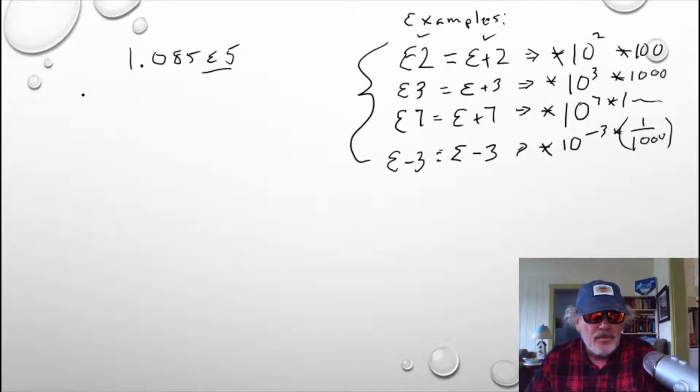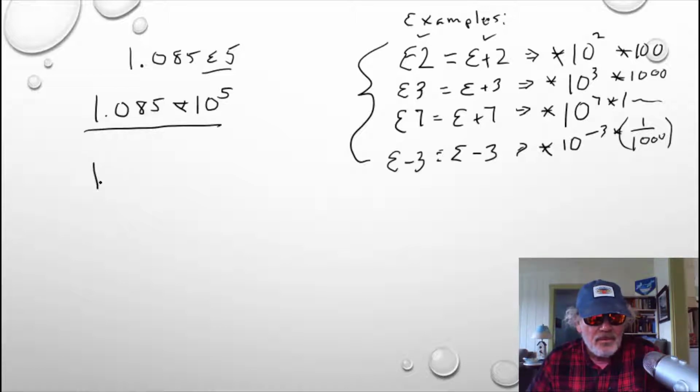So let's go over here. This is the one number that we have on our other sheet. So we would put this on our calculator, 1.085 times 10 raised to the 5th power. Now there's a couple ways. Different calculators have a little bit different setup.